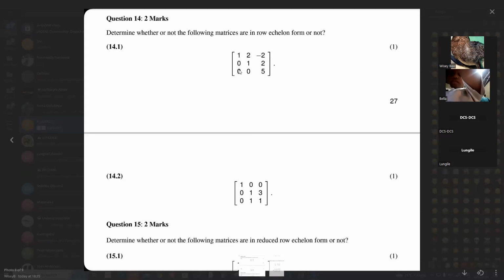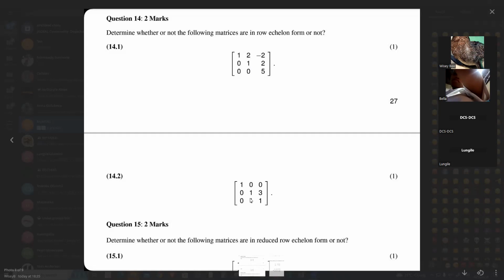Yes, I do. Good, I move on to the next row. The number in the second row must not be zero. In this case, 1 is not 0. If there was a 0 here, I would go to 2. That's my next pivot point. Do I have a 0 below my pivot point? Yes. Then I go to the third pivot point, but there's nothing below. So this one is in row echelon form.